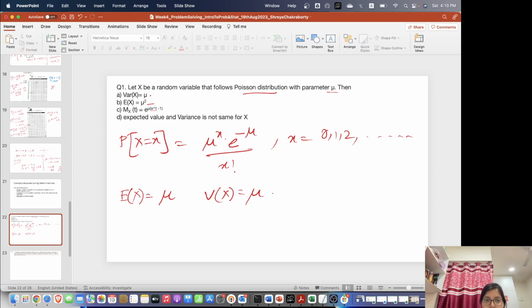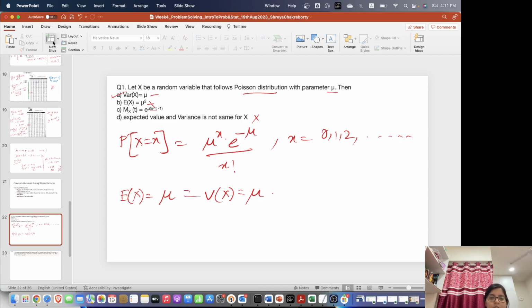Variance of x is mu, this is true. Expectation of x being mu square is not true. Now expected value and variance being not the same for x is also not true, because for Poisson they are equal. Now we have to find whether the moment generating function is this or not.